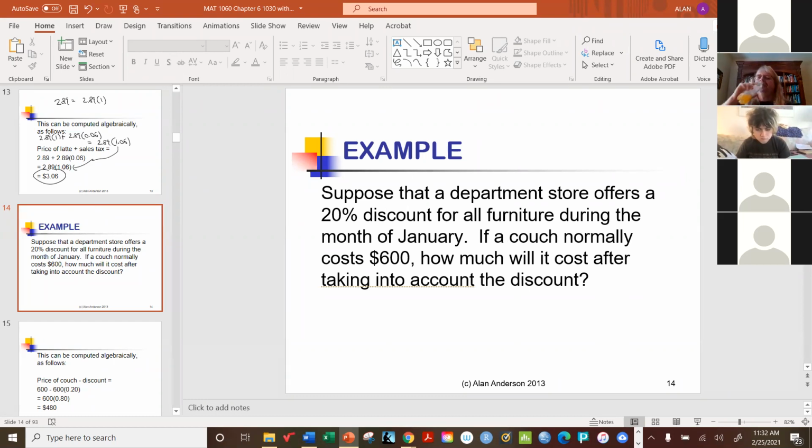Ooh, let's think about that. Well, we can do something similar to what we did with Starbucks, except that instead of positive 6%, we could think of it as negative 20%. It's almost like a negative tax.